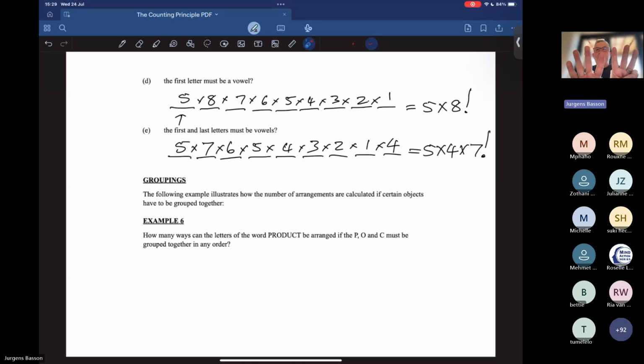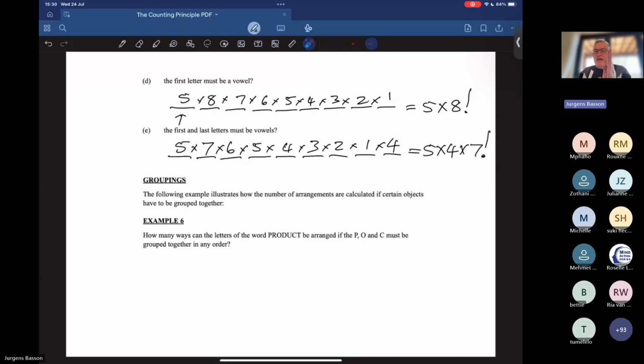Now this 4 is not a group, so I put it aside for a moment, and I only look at the 3 that is a group. How many ways can I arrange these 3? If you think of lines, you will say 3, 2, 1. That means 3 factorial. So the group of 3, I can arrange in 3 factorial ways.